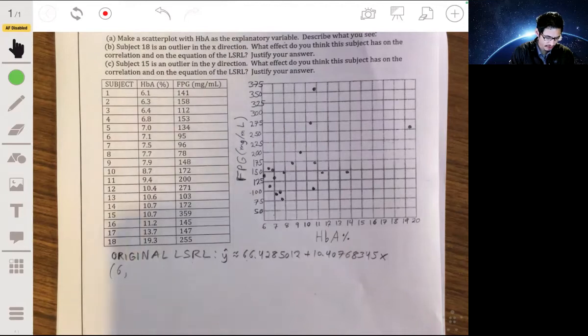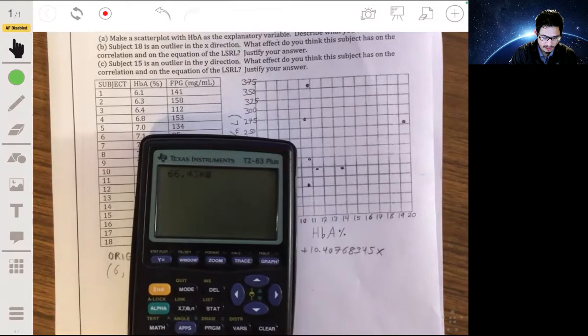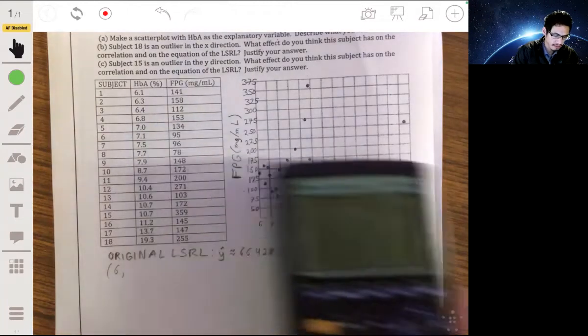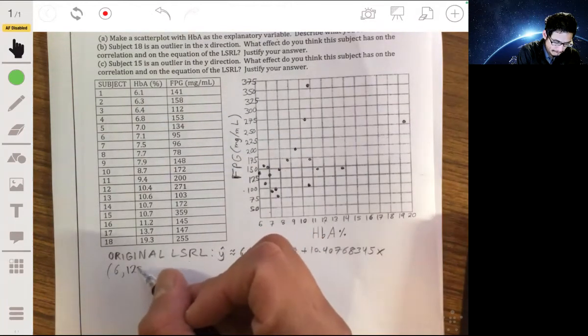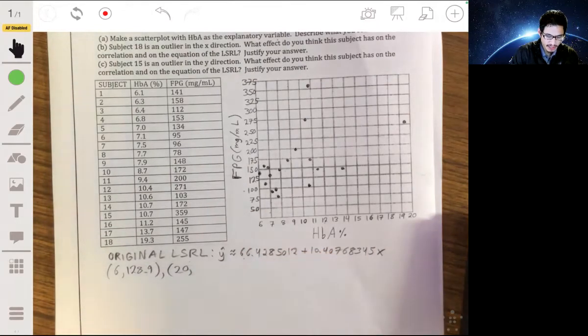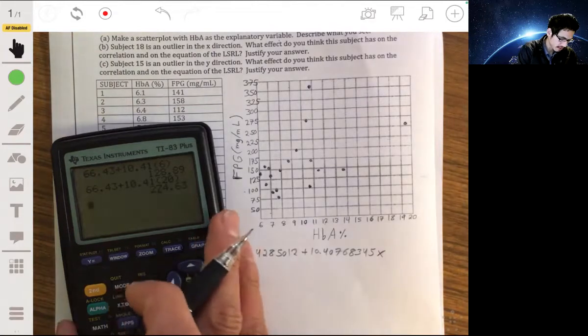Approximately, it doesn't have to be perfect. 66.43 plus 10.41 times 6 gives me about 128.9. Let me see what it would be when x is 20. 66.43 plus 10.41 times 20, about 274.63.